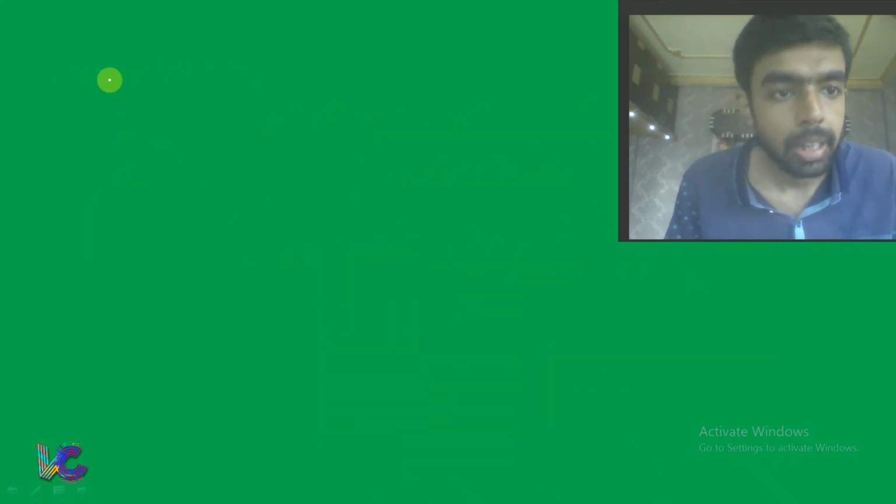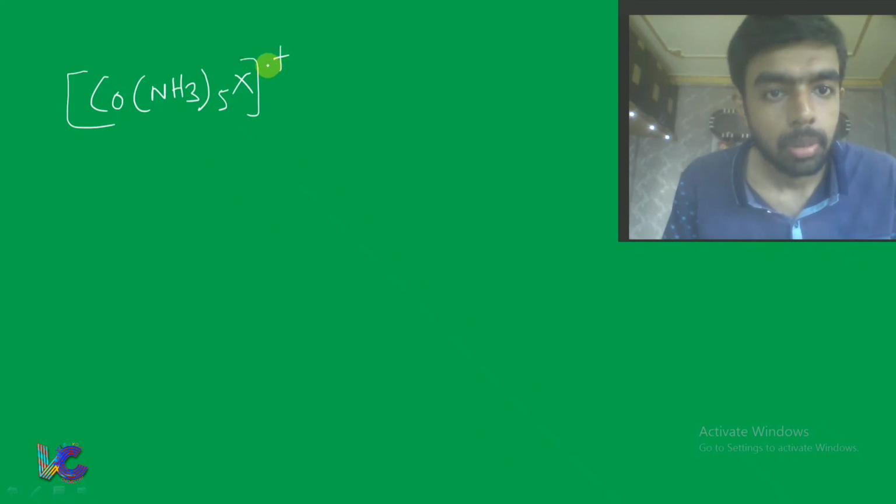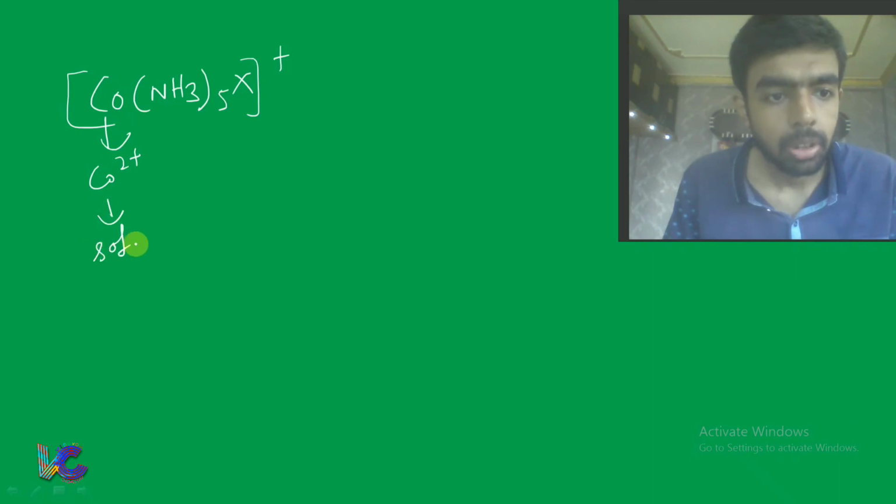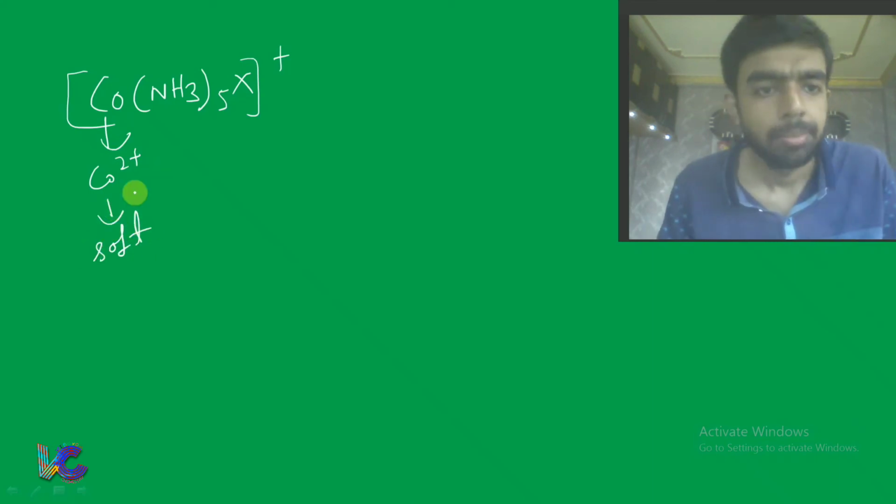So if you take the example of [Co(NH3)5X]2+, here cobalt is in +2 state. Fine, cobalt is in +2 state means it is soft, or borderline soft.